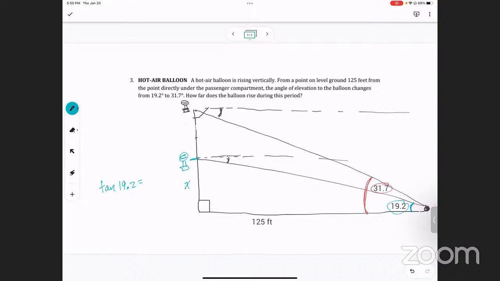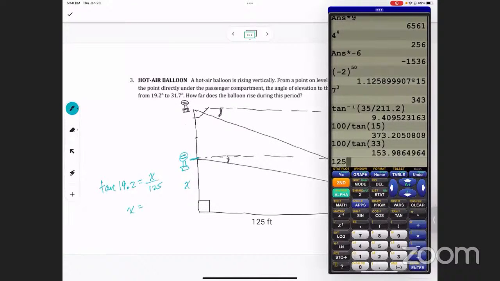So X over 125. Perfect. So tell me what X equals. X would equal 125 times tangent of 19.2.